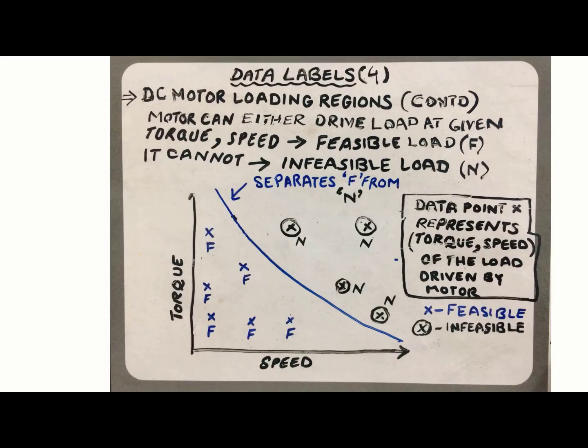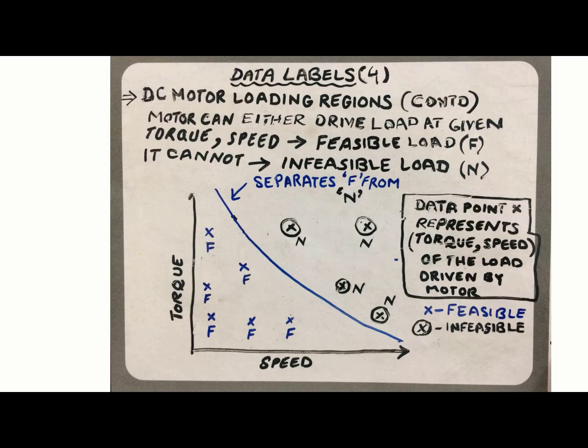Quite naturally, any point which lies below the motor torque speed curve represents a feasible load. That's because the torque and the speed of any data point below the curve has torque which is less than the torque that the motor can provide, and the corresponding speed is less than the speed at which the motor can run, right?